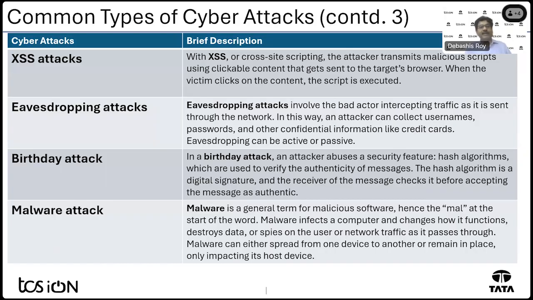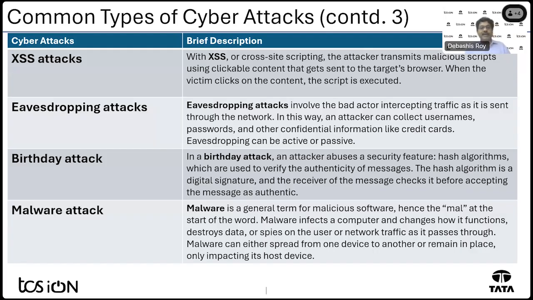Eavesdropping, which I was talking about right in the beginning with the MITM attack, is something that can intercept the data in the traffic through the network. It can hear what is happening, steal the passwords and credentials, and it can directly work on it or act on it. It can even modify the data that is going across.